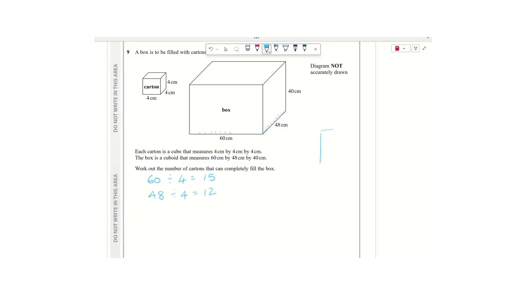So if you could imagine seeing the bottom of the box, then I've got a lot of little cubes that you can see.